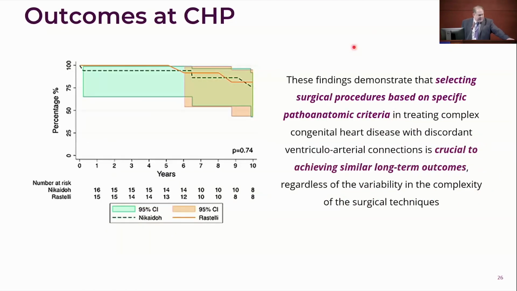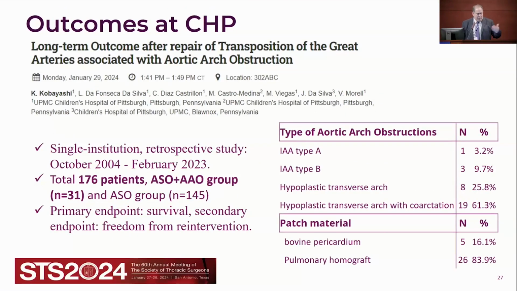So at the end, we can consider that the outcomes are very similar between the Rastelli and the Nikaido, the only consideration being the selection of the patients. Now, for the other outcomes that I reviewed, they presented in the STS our experience with aortic arch surgery and transposition of the great arteries.